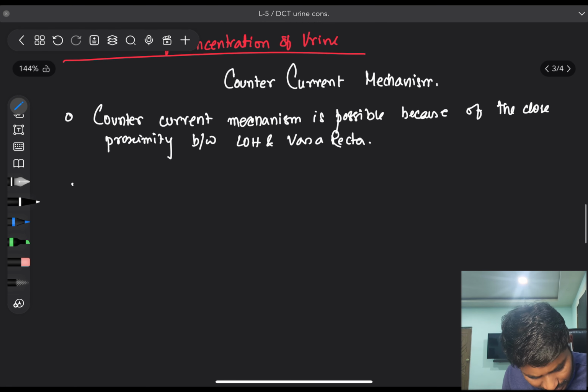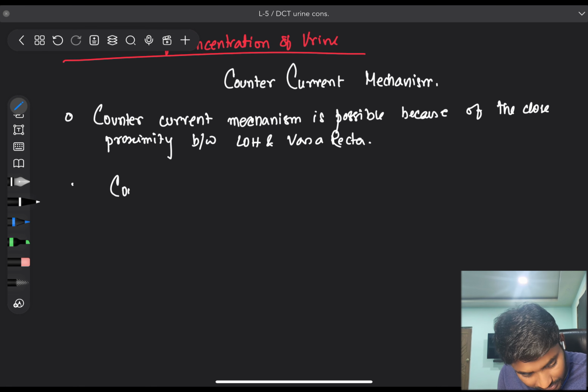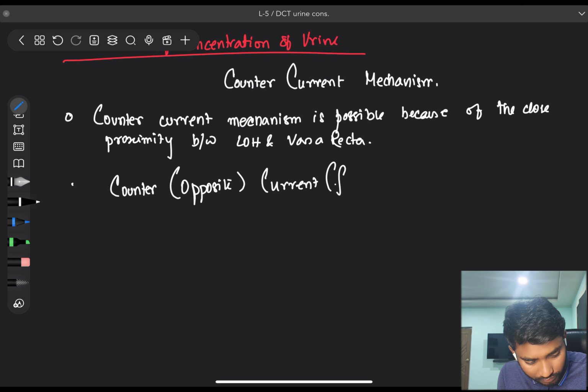Now counter means opposite, and current means flow.